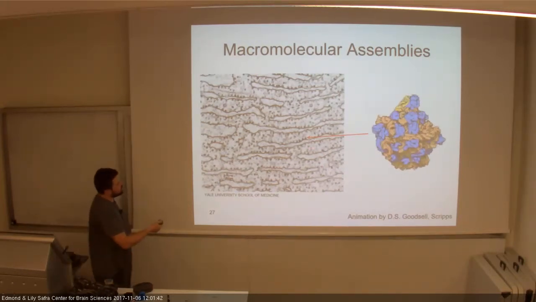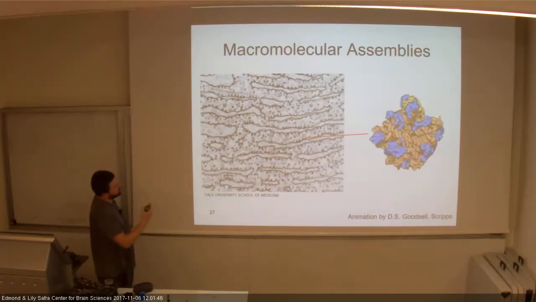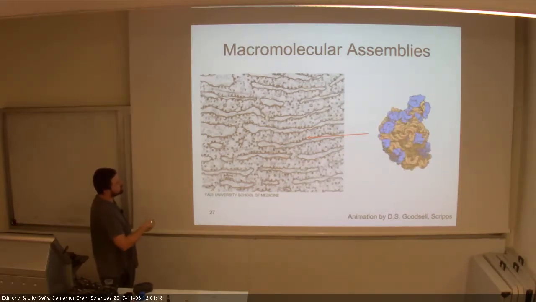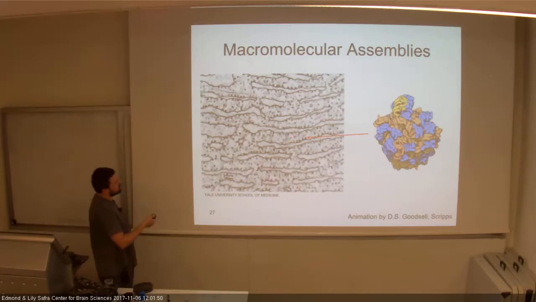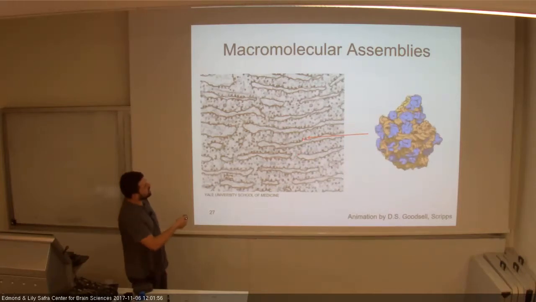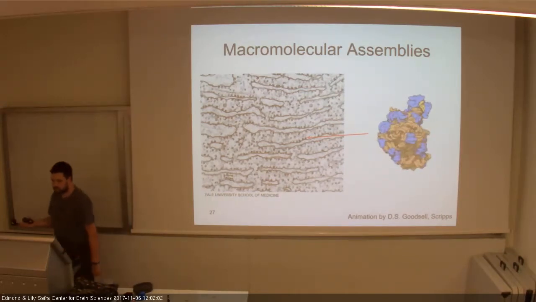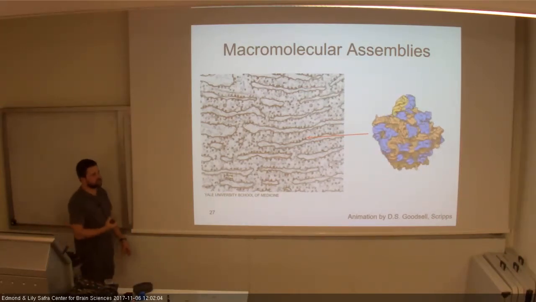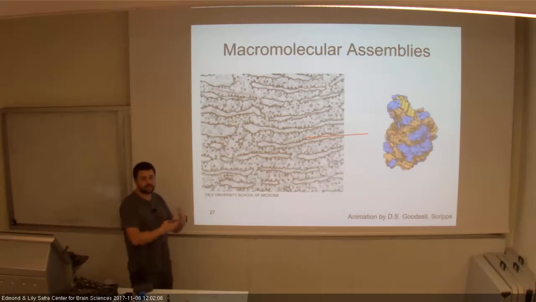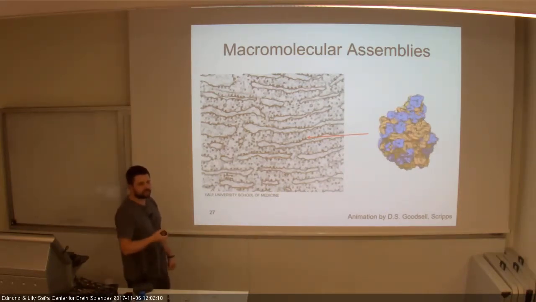This is an EM microscope image, so an electron microscope image that is showing a portion of the cell that's called the rough ER, but it doesn't matter. We'll talk about it specifically. And these dots that you see here are actually ribosomes. So this macromolecular assembly is so large that we can start seeing it in electron microscopes.